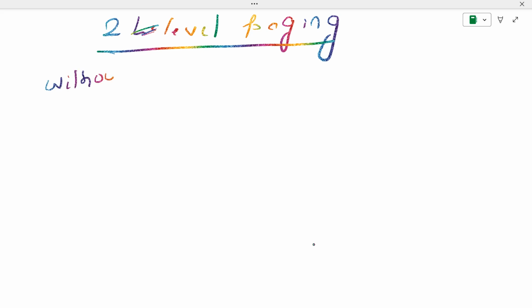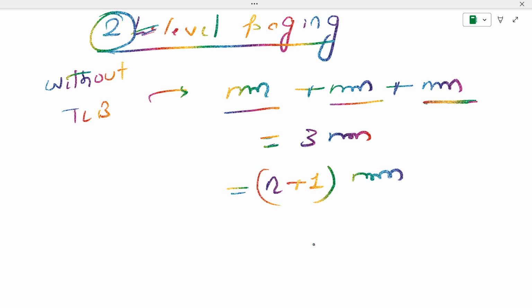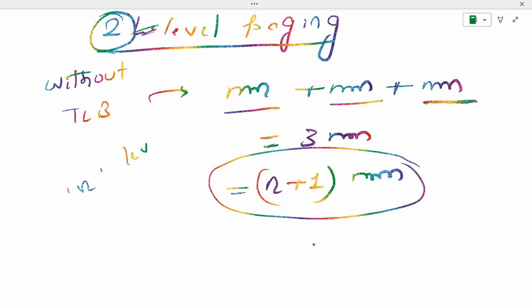As we have seen for paging also, without TLB, the first time we access the first level it takes M. The second level we access, it takes M. So M is the main memory access time, and the third time we access it for fetching the particular page from the frame. So it's altogether 3M. So for two-level paging it takes (N+1) into M access time without TLB, where N is the level of paging.